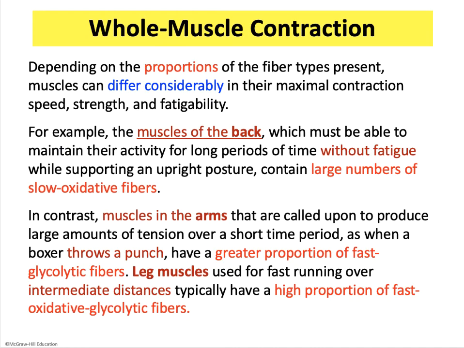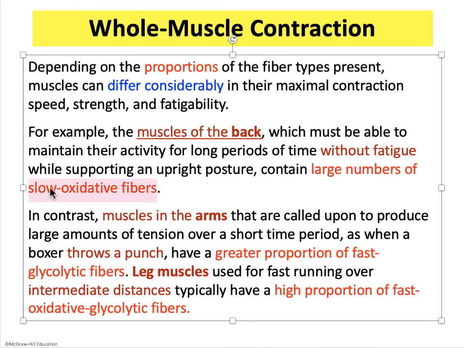This slide relays the conclusions we have reached so far, that depending on the needs of the body, the proportions of fiber types present in different muscles can be altered. So the back muscles, which need to do long-term fatigue-free work, would be composed of large numbers of slow oxidative fibers, but not exclusively.